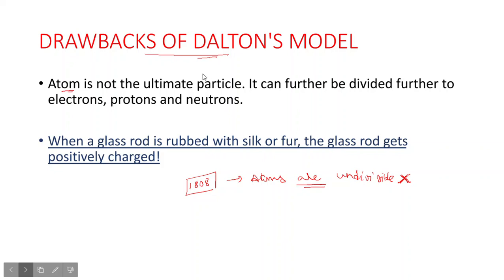They found that an atom can be further divided into electrons, protons, and neutrons. So atoms are not the smallest particles in this universe.